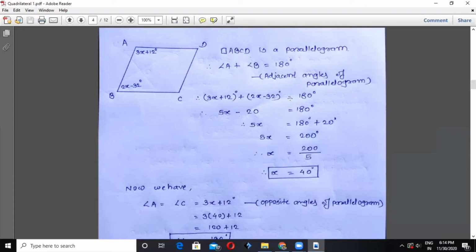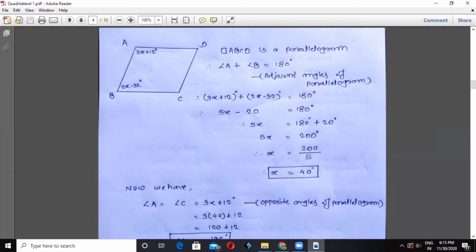So if we add them, we'll get 180. 3x plus 2x will be 5x, and plus 12 minus 32 is minus 20, equal to 180. We transfer minus 20 to the right hand side to get 5x is equal to 180 plus 20, that is equal to 200. We have to find the value of x, so we'll transfer 5 to the right hand side, so it will be in the denominator. So 200 divided by 5, that will be 40. So here the value of x is 40 degrees.